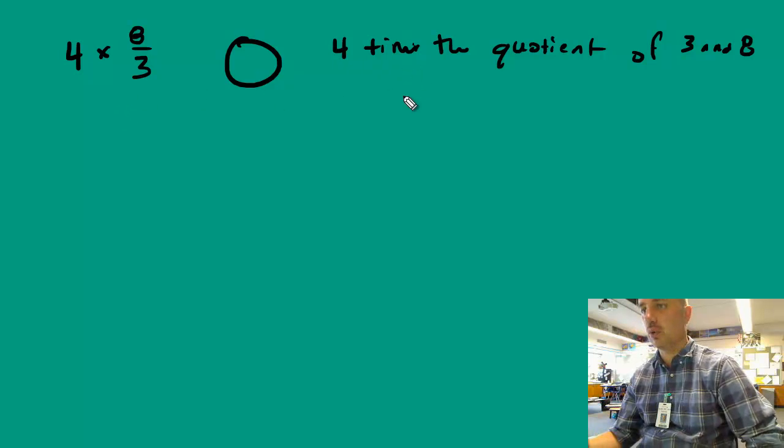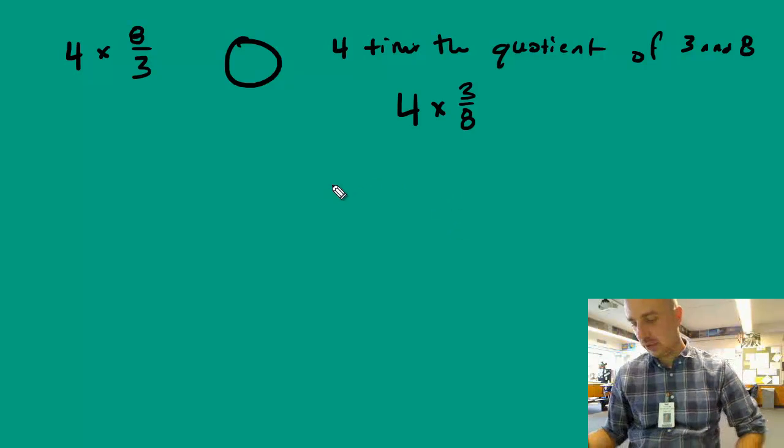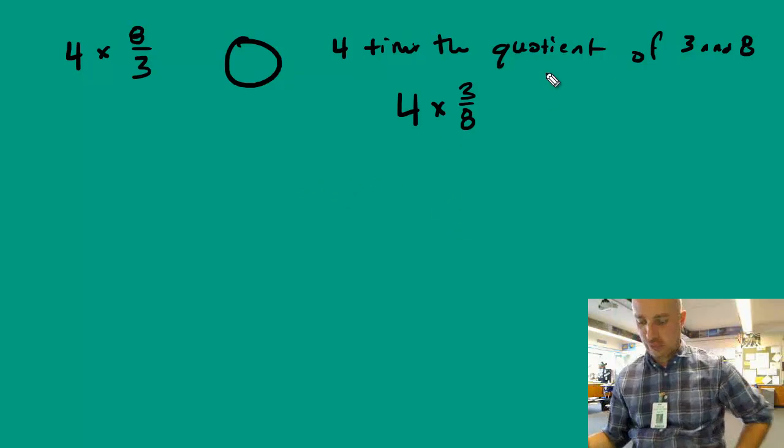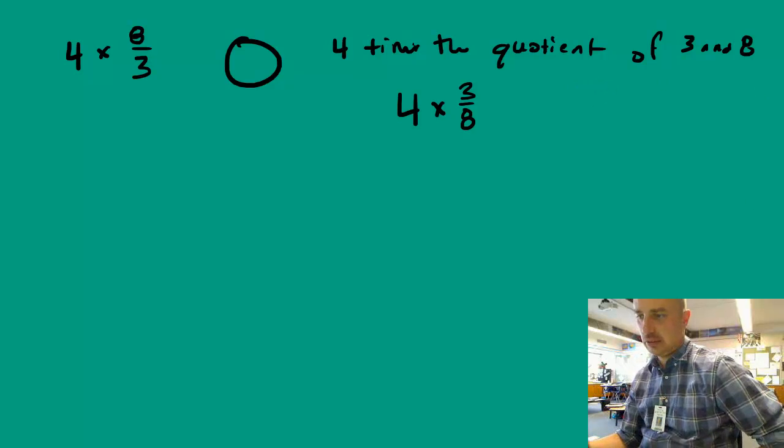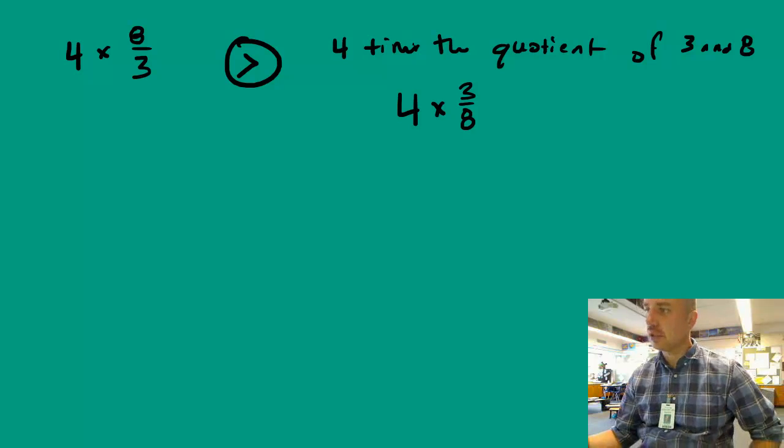And over here, this is 4 times the quotient of 3 and 8, right? So are these equal? I'll make sure I got that right. It looks to me like here I have 8/3 and over here I have 3/8, right? So which one's going to be bigger? Definitely my 8/3, right?